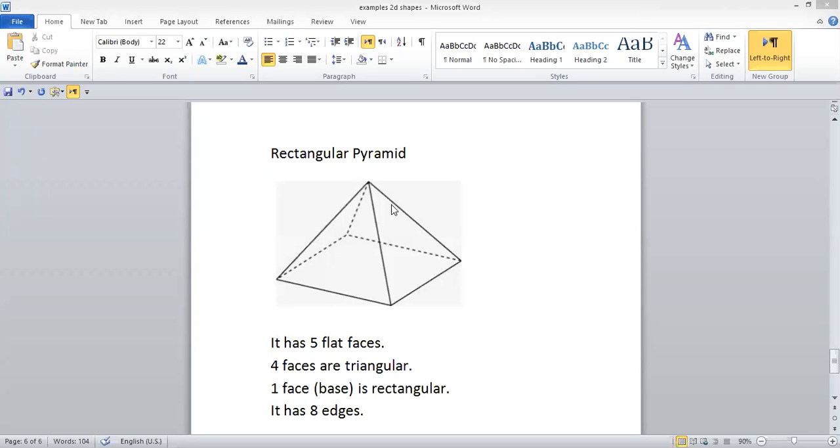It has 5 flat faces. Okay, if you look at this rectangular pyramid, it is having 5 faces. This is the front. Okay, and opposite to that front, it is the backside. There are 2, 3, 4, and this one is 5, fifth. I try to show here in the book.